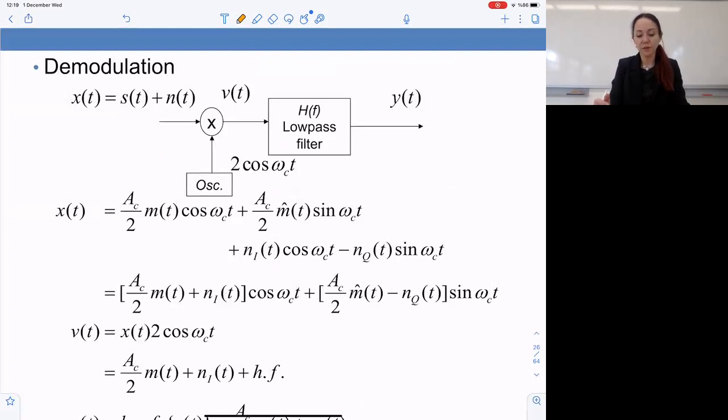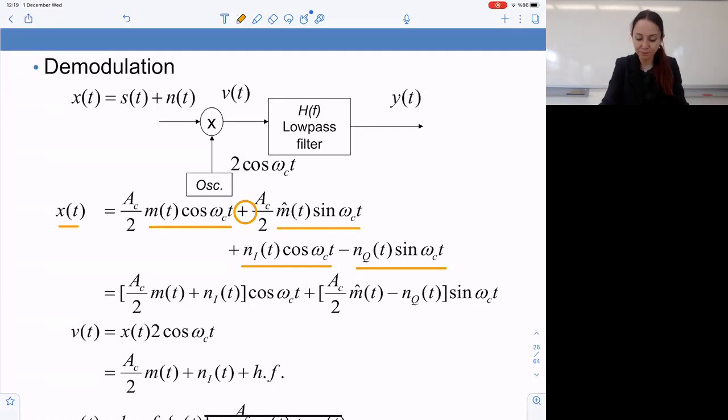Now let's consider the demodulation of the message. The modulated waveform that comes to us has m of t cosine omega c t, m hat of t sine omega c t. It is lower sideband, so this plus sign is consistent with that. Plus the bandpass noise.